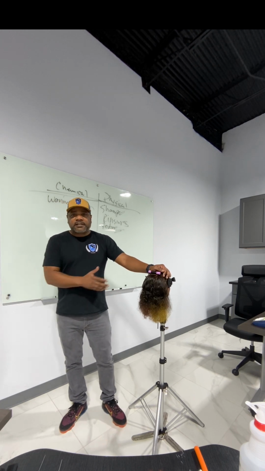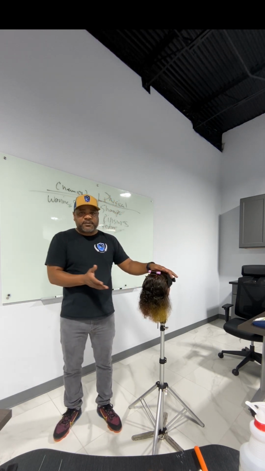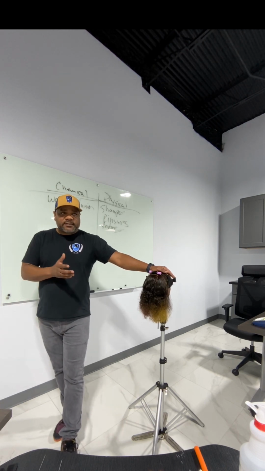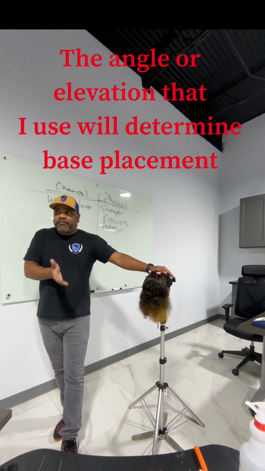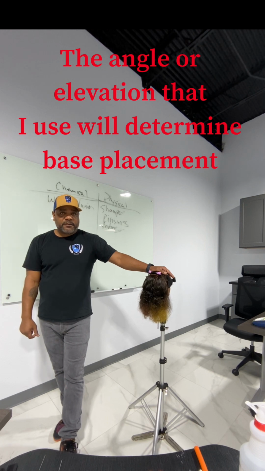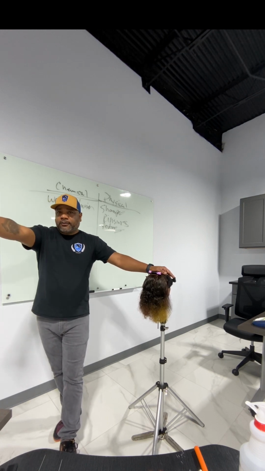Now, how is that base placement determined? What do I need to do to determine which one of my base placements I'm going to use? If I want to use on base as opposed to off base, what am I going to change about the process? The angle.